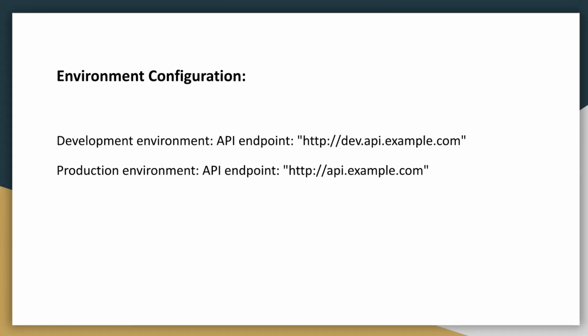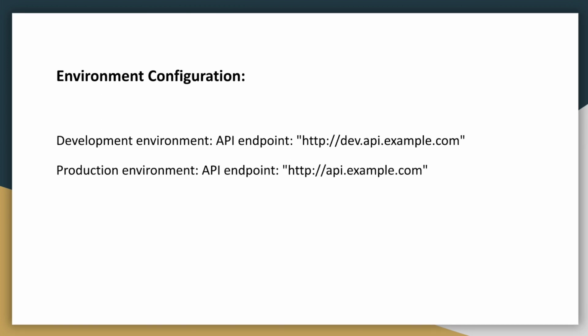Now we have environment configuration. To handle different environments, I use configuration files. Let's say I have a separate configuration for development and production environments. I would load the appropriate configuration based on the test environment.